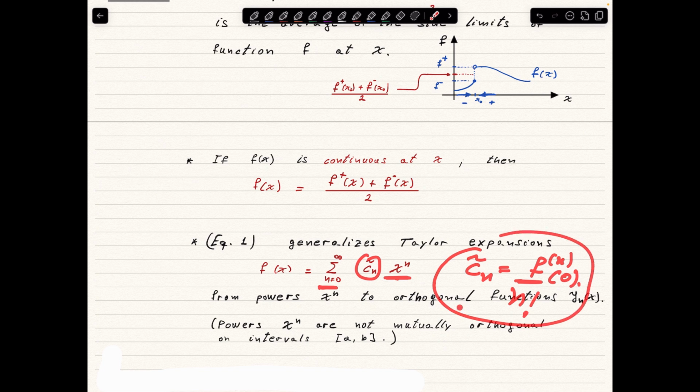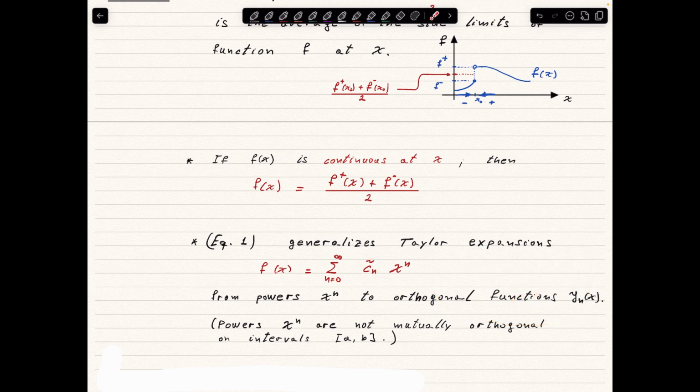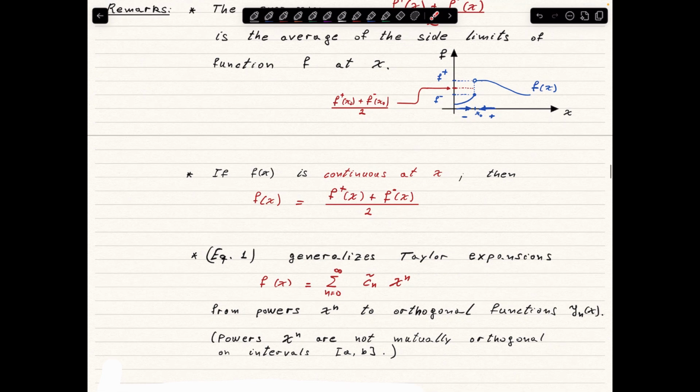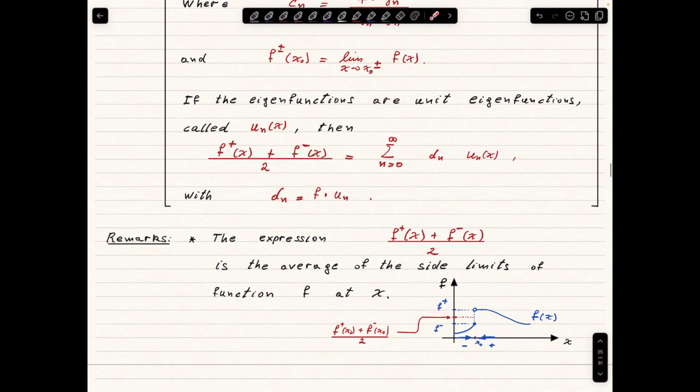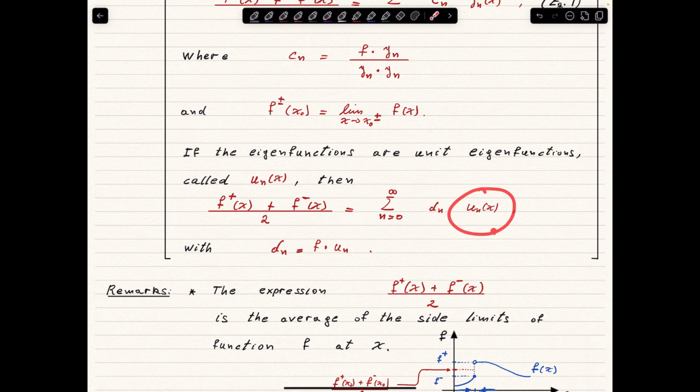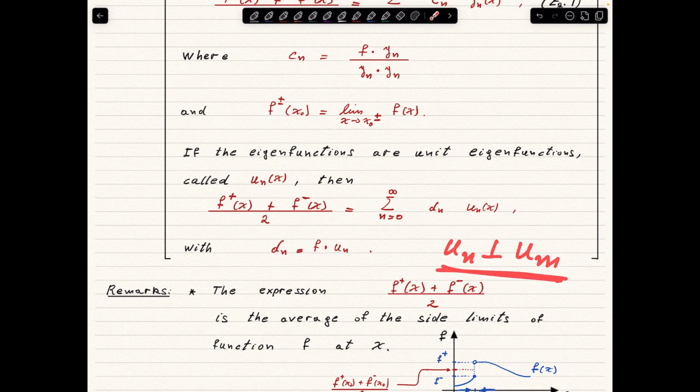So there are many types of expansions of functions in terms of other functions, in this case polynomials. Taylor expansion is the most common expansion, and now we are introducing other expansions where instead of polynomials we have solutions of Sturm-Liouville problems, and these eigenfunctions have nice properties because, recall, they are mutually perpendicular, a property that we do not have for power functions. X to the power n do not have this property in general.